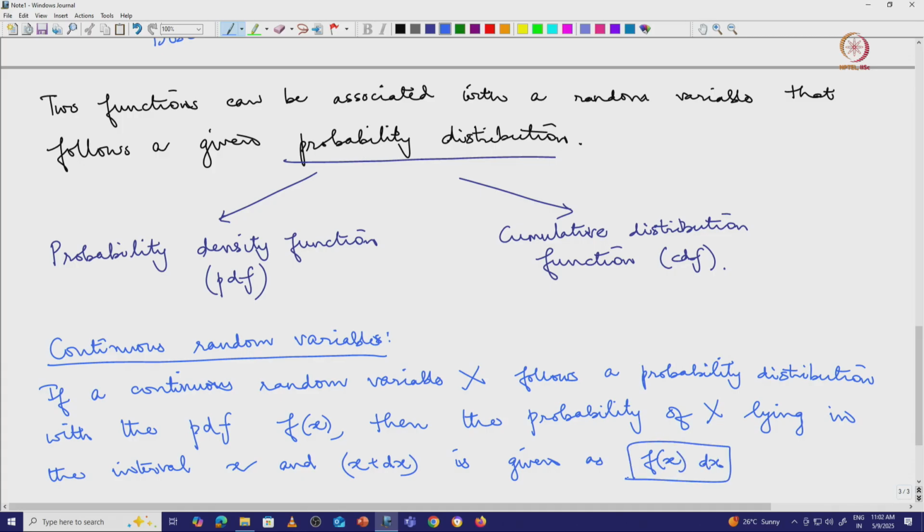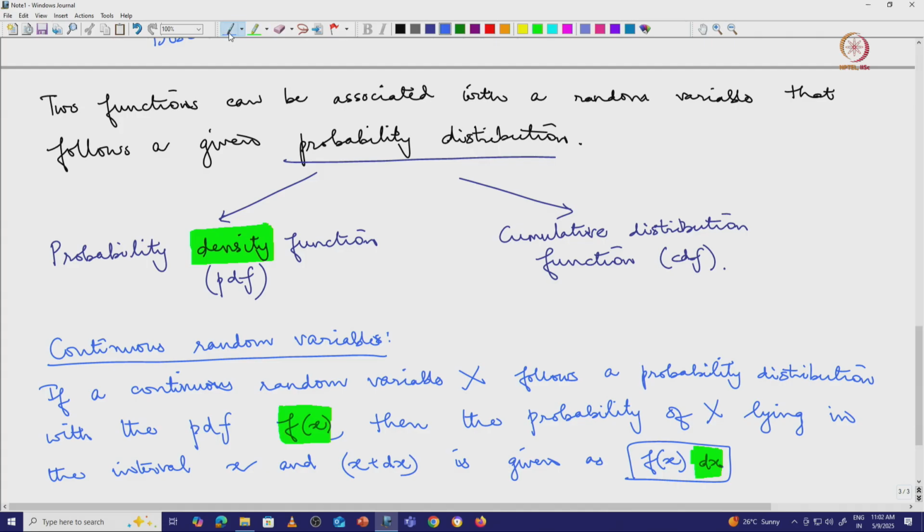f(x) times dx, and this follows from the use of the word density in probability density function. When you think of, let us say, the density of water or the density of air, as engineers we must be familiar with this, if you multiply the density by the volume, then you get the total amount. So similarly here, when you multiply the PDF by the extent by which the variable is varying, and in this case the extent is infinitesimal, then f(x) times dx will give you the probability that x lies in that interval.